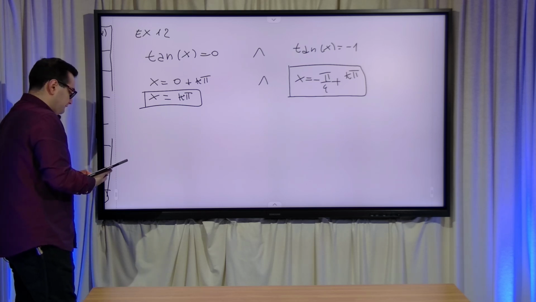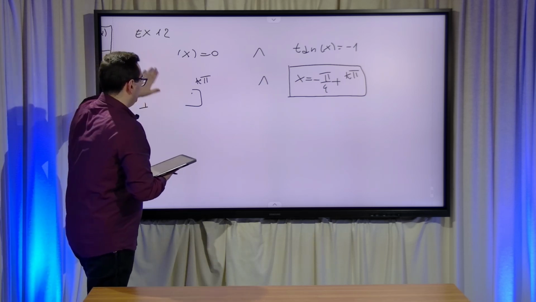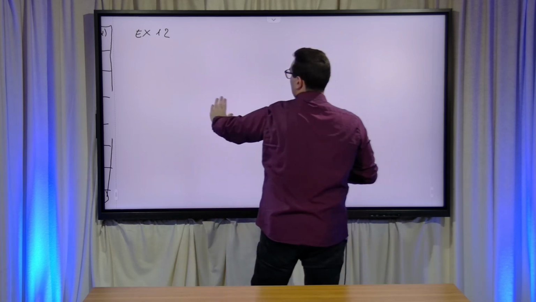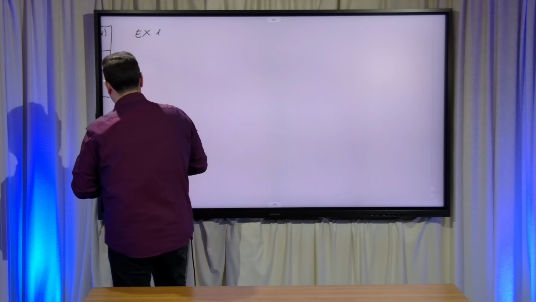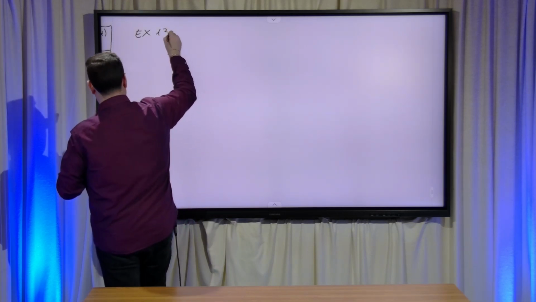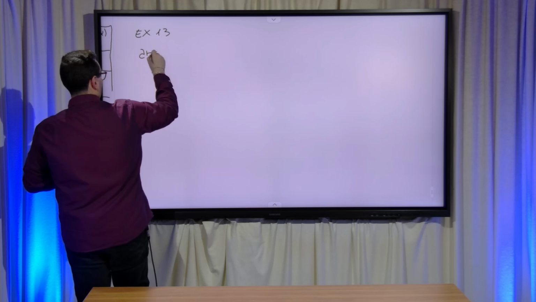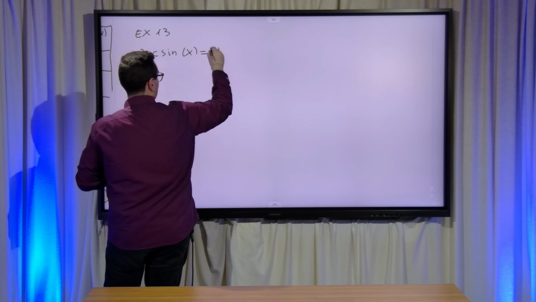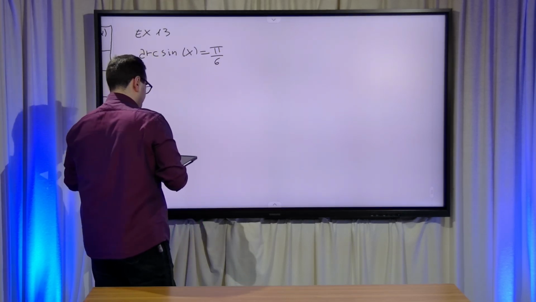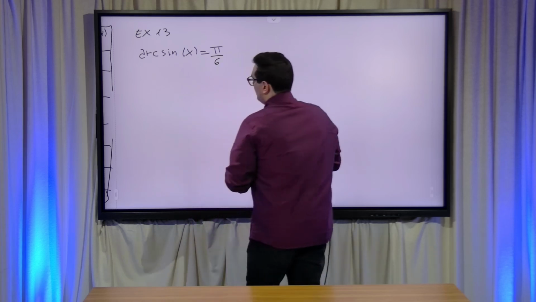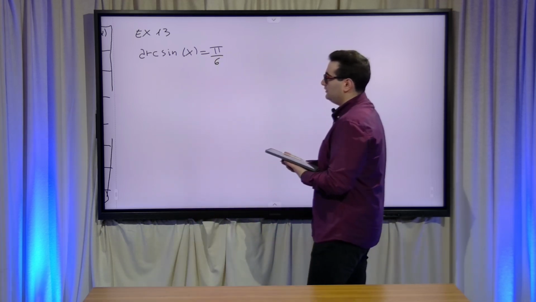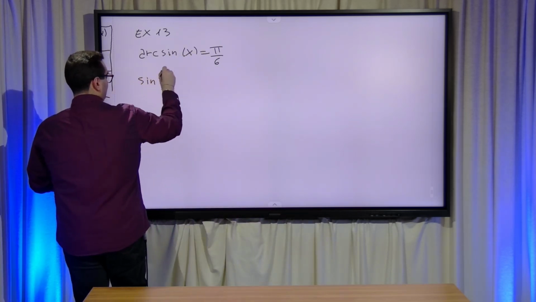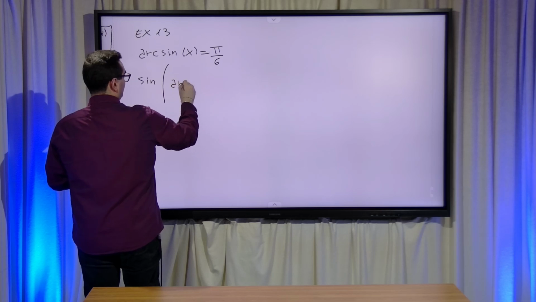Okay, so let's do another equation, but this time considering an inverse function. So arc sine of x is equal to pi over 6. How can I solve this equation? Well, I can compute the sine at both members.